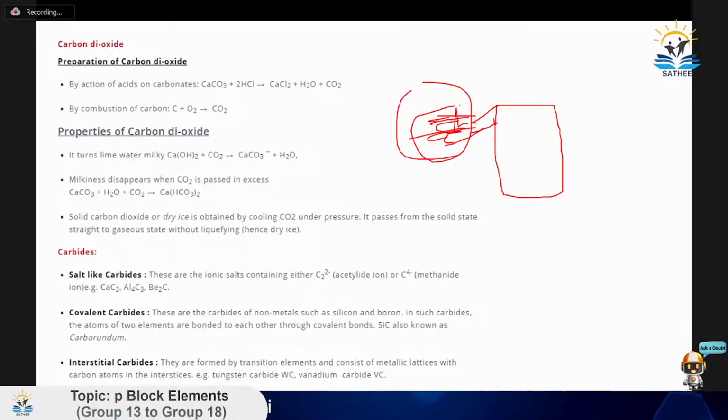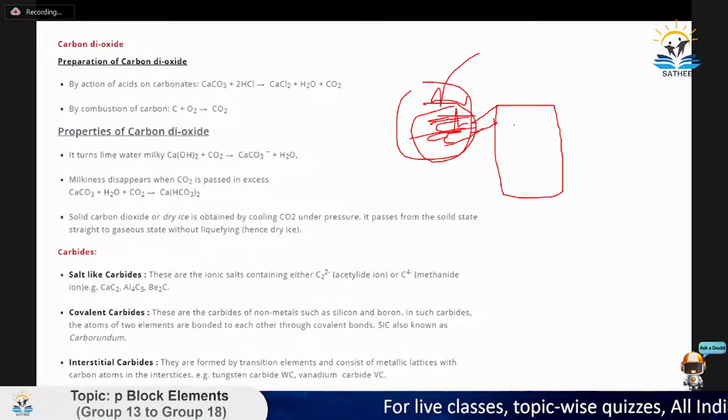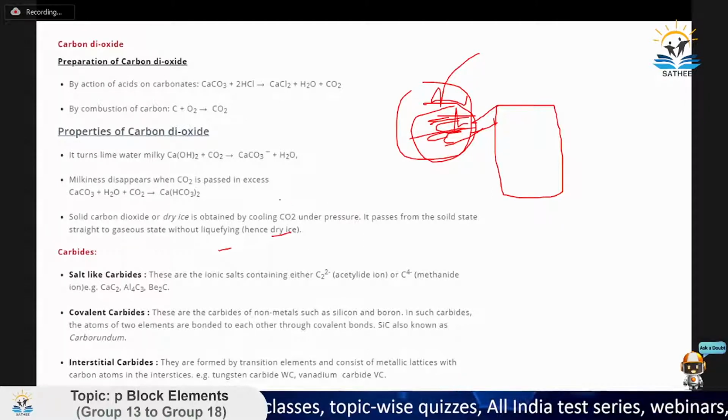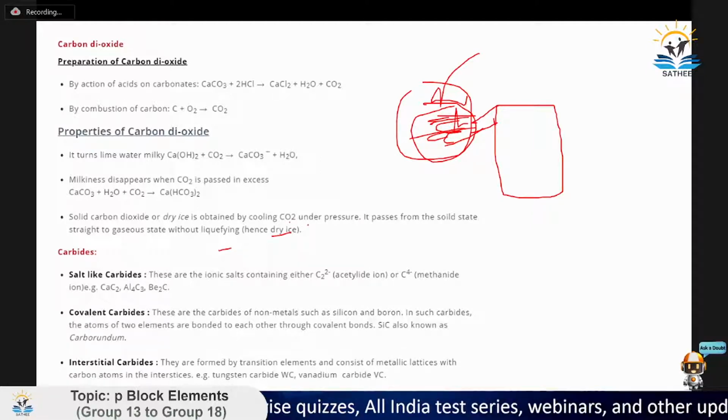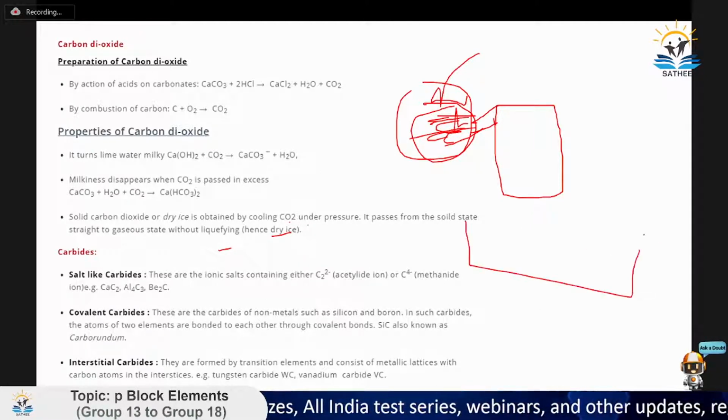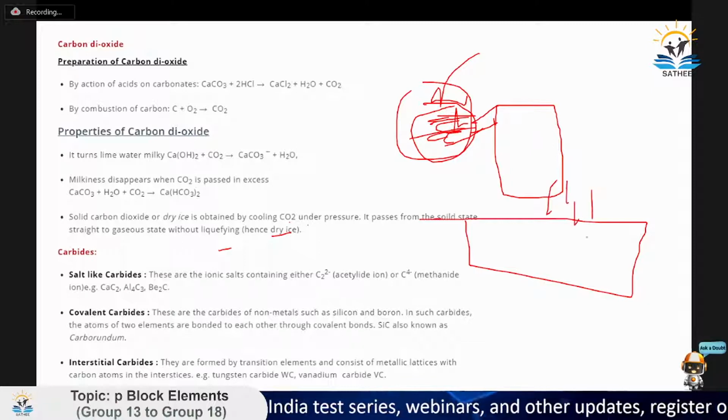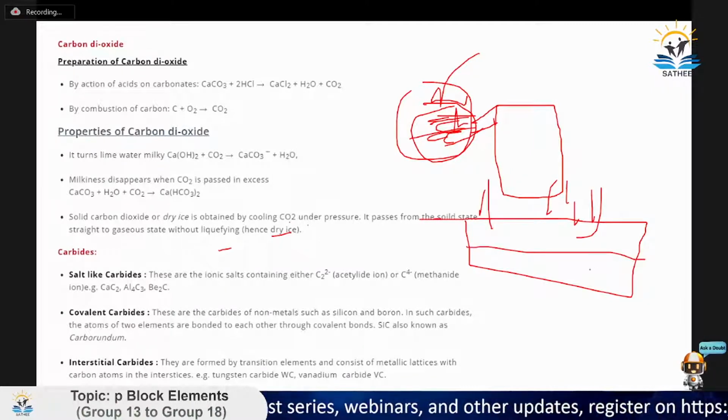That white powder coming out is dry ice, and it is called dry ice because when it comes out, it goes from a solid state directly into its gaseous state without liquefying. That's why it's called dry ice. And how do you prepare dry ice? You basically cool CO2 under pressure. So you put a great amount of pressure and you cool CO2 down, and that becomes dry ice.